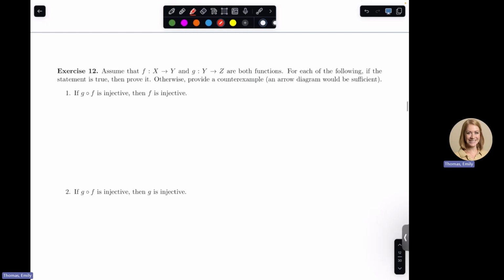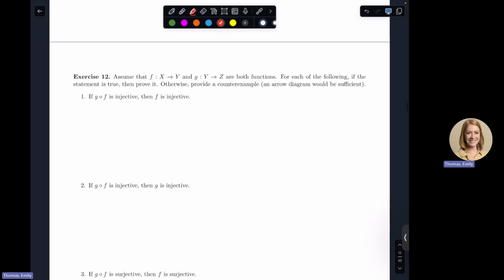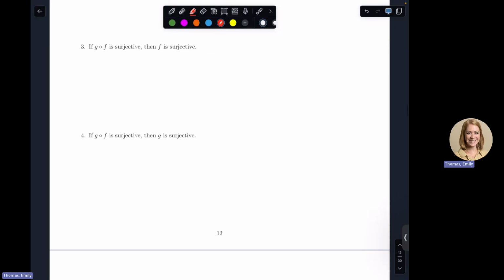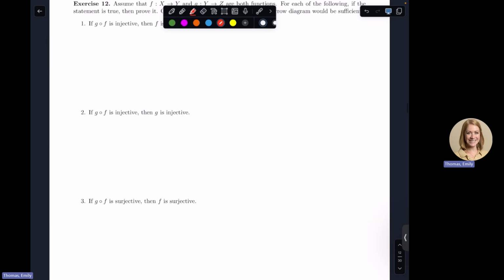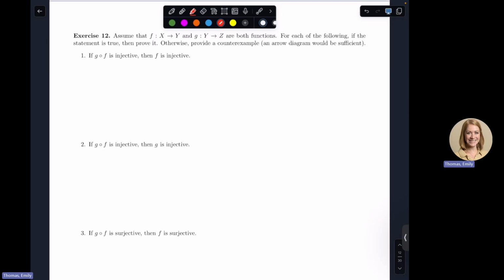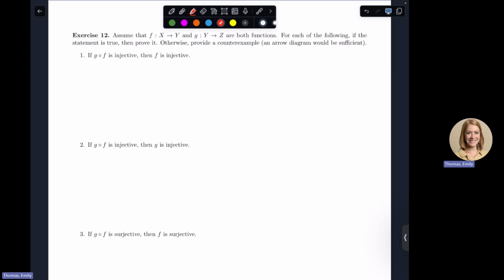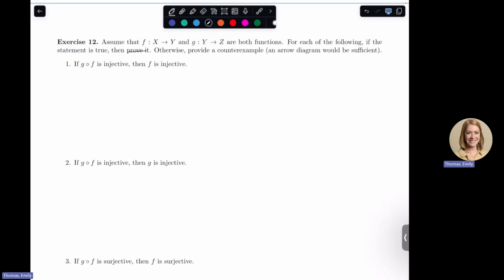Thank you. Okay, I've got to figure out how much I want to do with this. Basically none, but let's do it anyway. We're going to do scratch work. Then scratch work. Otherwise, give a counterexample.